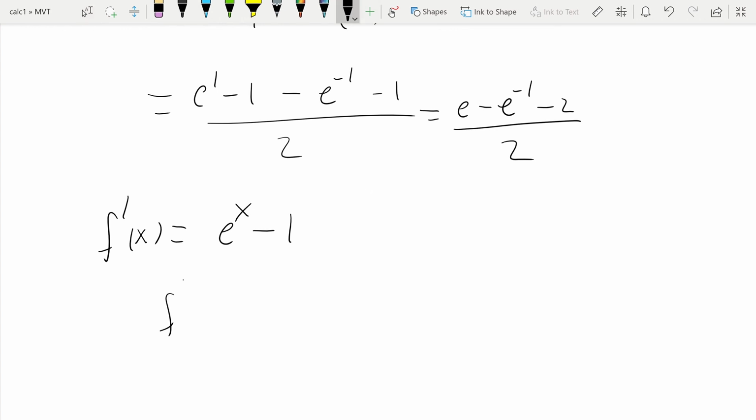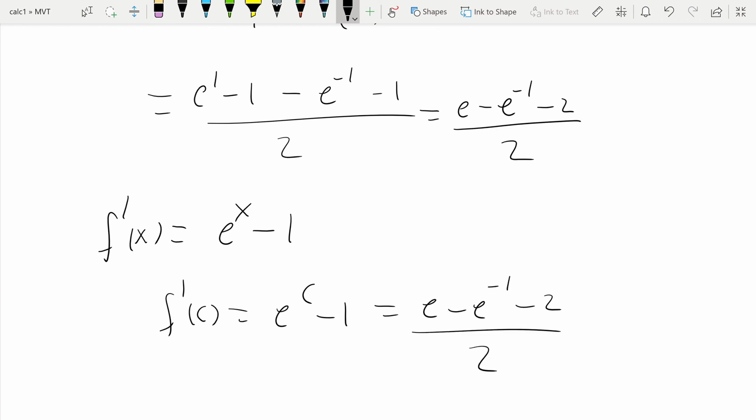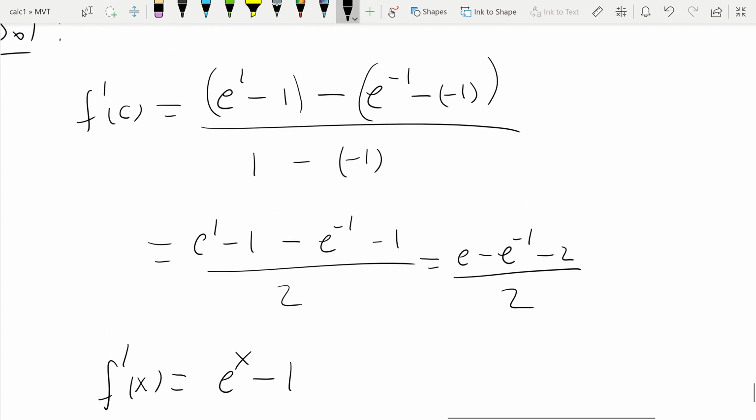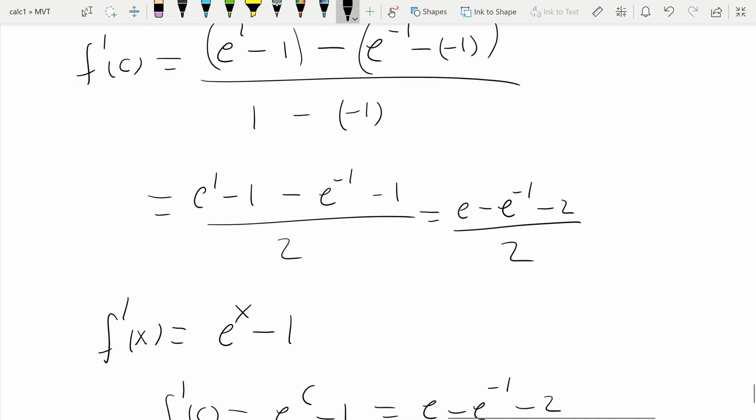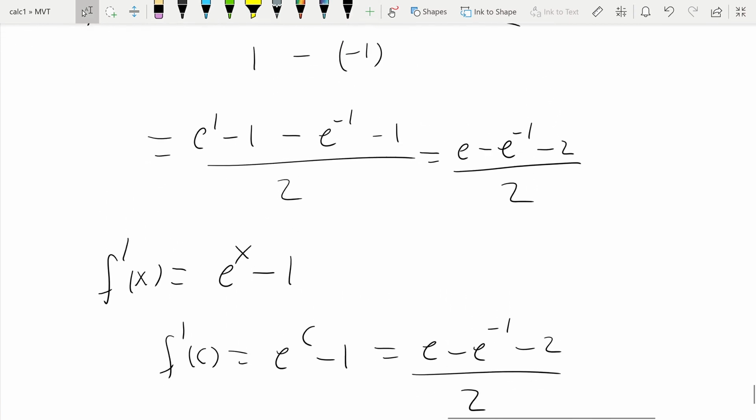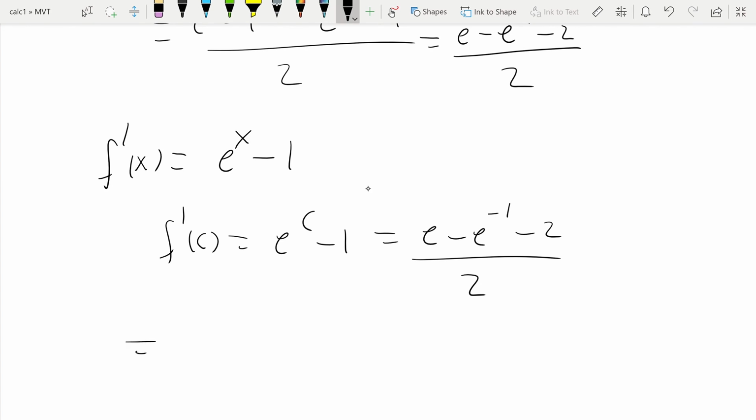So we want f prime of c to be equal to that. So e to the c minus 1 has to be equal to e minus e to the minus 1 minus 2 divided by 2, right? So this is what we want to solve. Okay, and then this implies that e to the c is equal to 1 plus e minus e to the minus 1 minus 2 divided by 2.